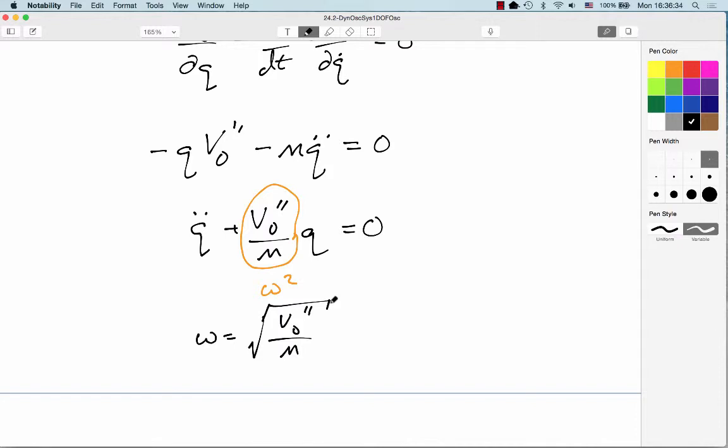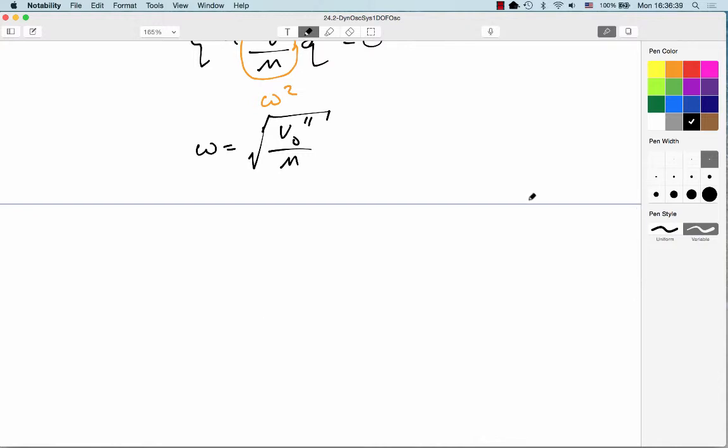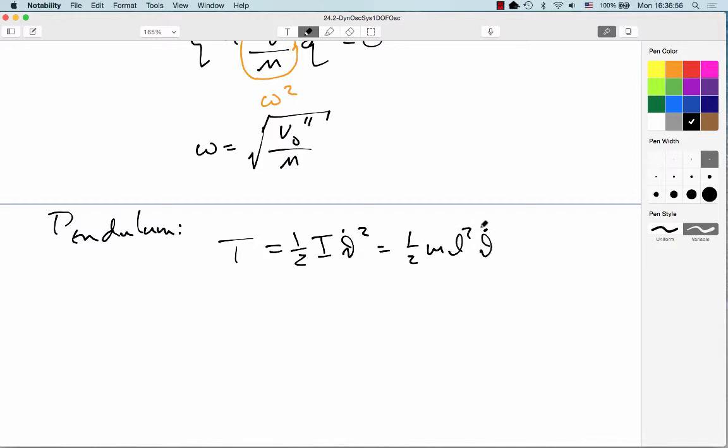So for instance, we can take a look at an example of this with the pendulum. So here we would write that the kinetic energy is 1/2 I theta dot squared, which is 1/2 ml squared theta dot squared for our bob at the end of a string of length L. Right, so then right here, this ml squared would be my generalized mass.